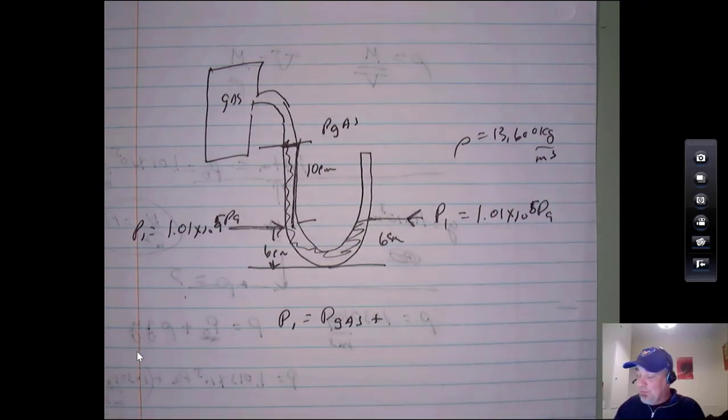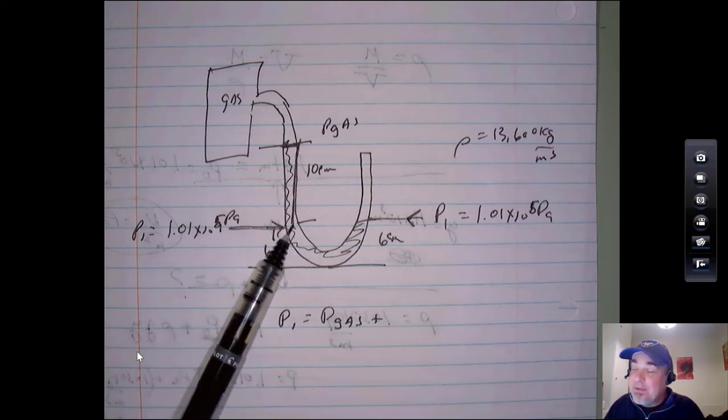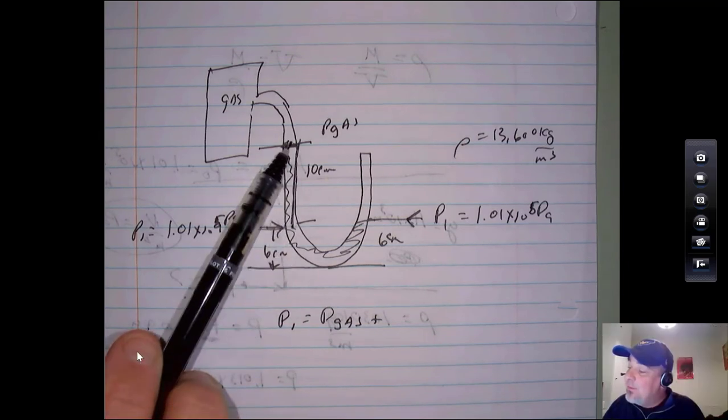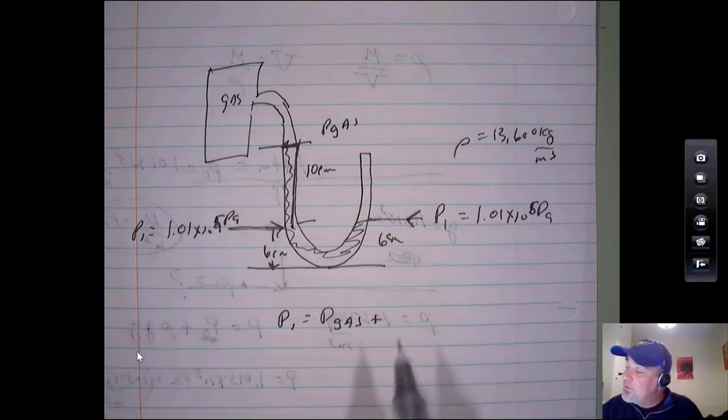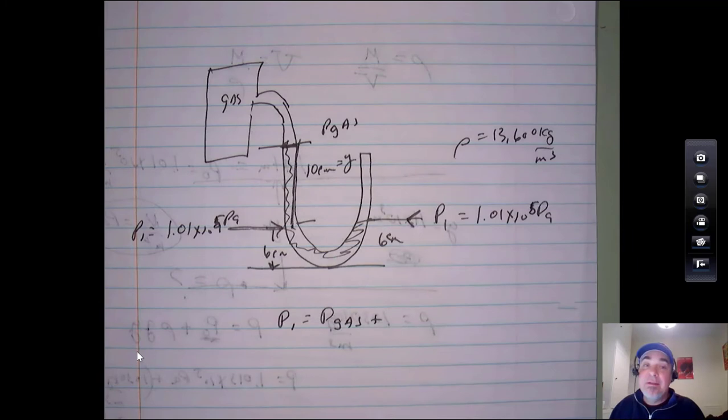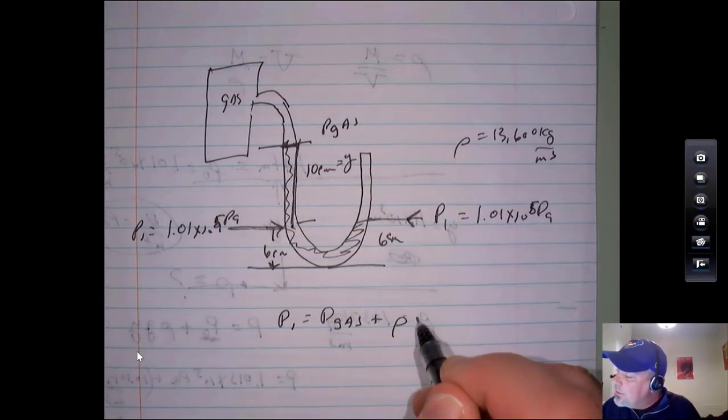Just like we did with the ocean problem, the pressure at the bottom of the ocean was due to the pressure at the top of the ocean plus rho g y. It's the same thing here. The pressure here at depth is equal to the pressure at the top plus rho g y. This is the y I'm talking about, the 10 centimeters. So rho g y.